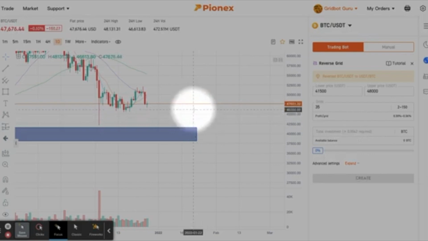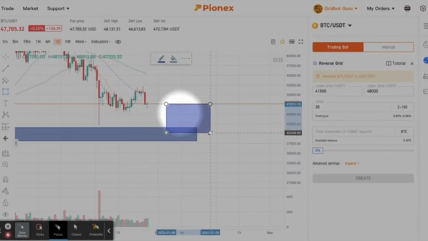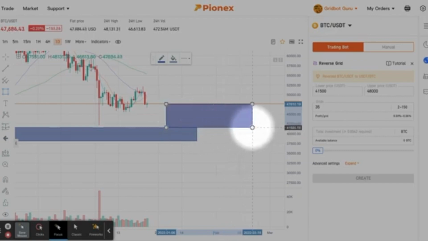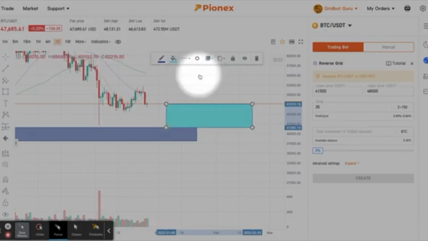And say right now, I bought it for $47,676. So let me come here and let me make a little box. And it goes down to 41.5, right? So somewhere right there. I'm going to change the color of the box to blue.